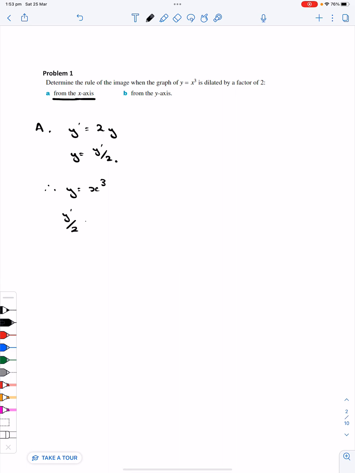Y image on 2 equals x image cubed. Y image, I'm going to put the expression in respect to y image, and that's just 2 x image cubed, and therefore my expression can be written as 2x cubed, and this is my transformed expression.